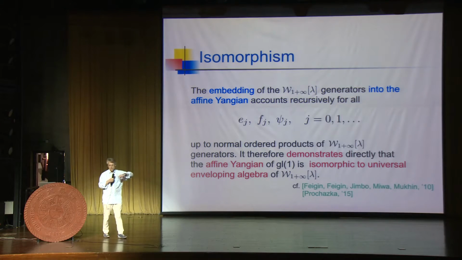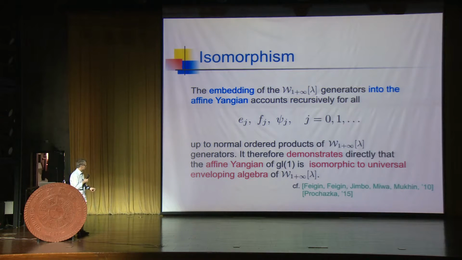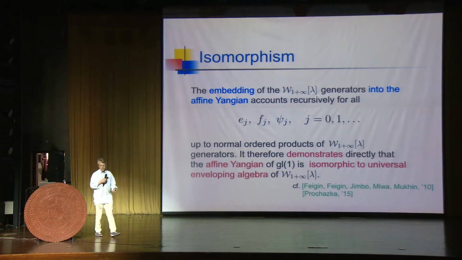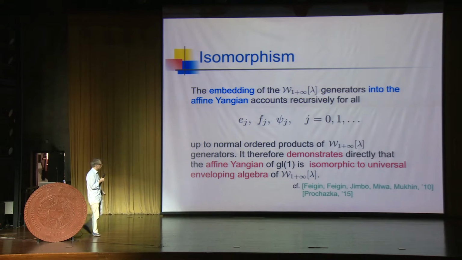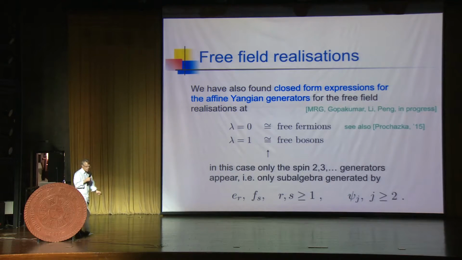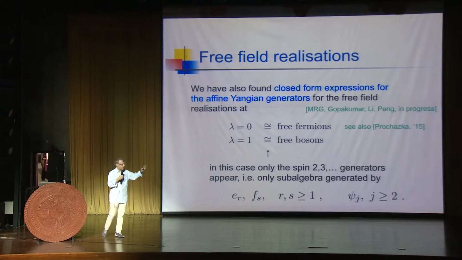And in fact, there's a one-to-one way of rewriting every affine Youngian term in terms of an element of the universal enveloping algebra. So this really demonstrates somewhat more pedestrianly that the affine Youngian is indeed the universal enveloping algebra of W1 plus infinity.